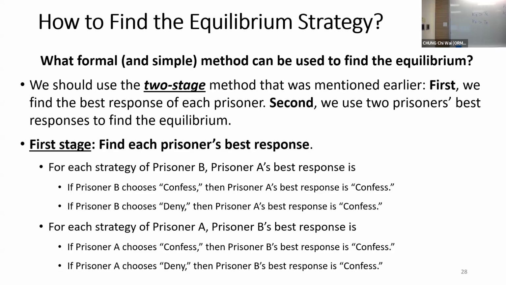So if prisoner B chooses confess, then the best response of prisoner A. If prisoner B chooses deny, then the best response of A. No matter whether prisoner B chooses confess or deny, A chooses confess.